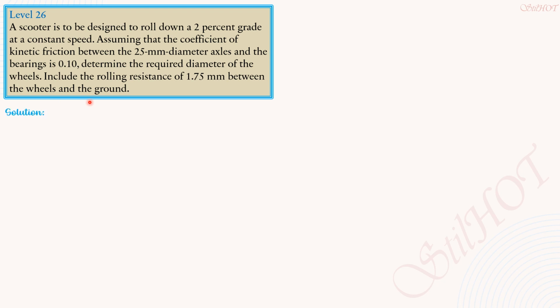So for the solution, the idea then is because the scooter rolls down with constant speed, it means that the weight tangent to the circle of friction and the reaction between the wheels and the ground must coincide, as shown in the figure.